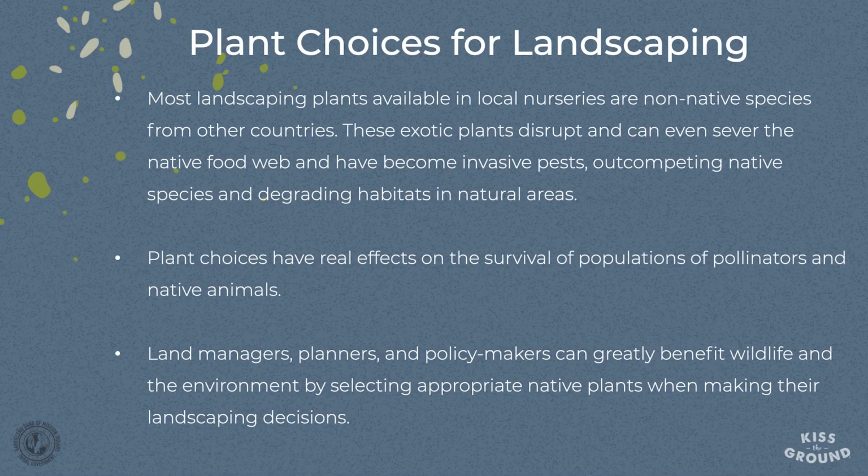Unfortunately, choosing some of these available plants from commercial sites has actually led to degrading or even destroying the natural food web and the relationships that occur in an environment. By incorporating just one or two non-native species into a location, it can degrade and even destroy the habitat that has always been there in that natural area.